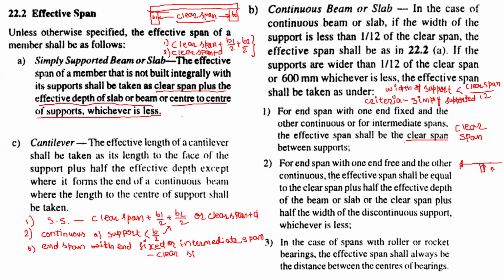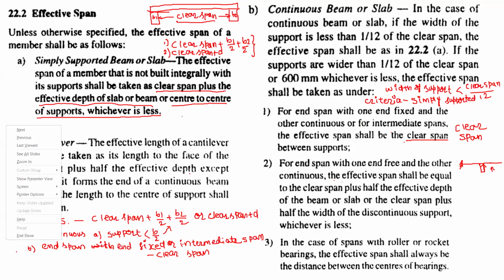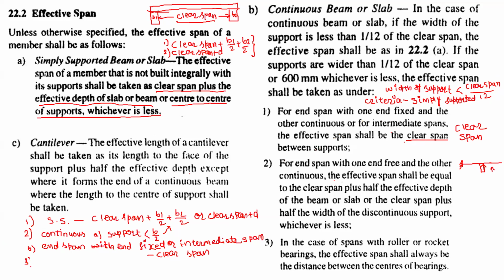And if one end is continuous and the other free, then we have clear span plus B by 2 or clear span plus D by 2, whichever is less. And third, we have the cantilever: clear span plus D by 2. So we have to keep in mind the effective span for these three.